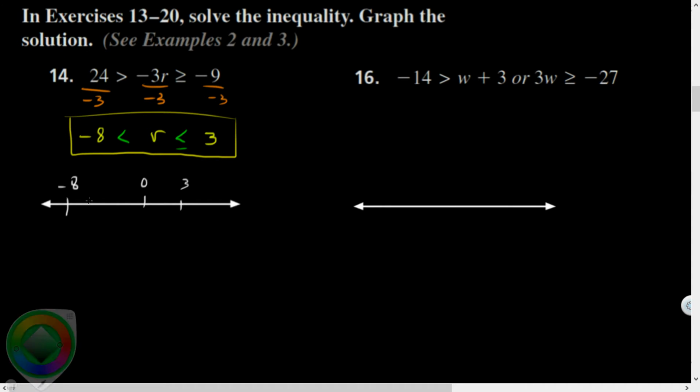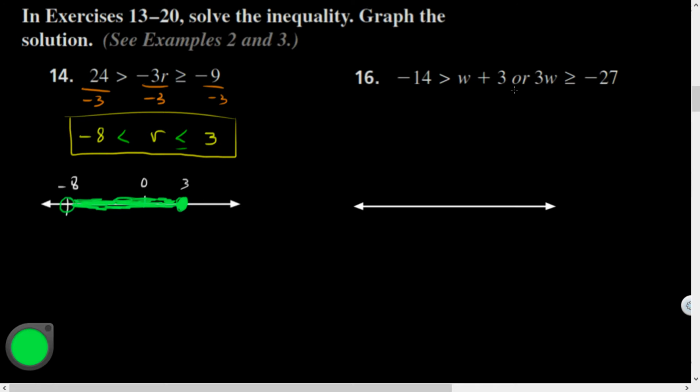And to graph this, this will be an open circle at the -8, a closed circle at the 3. That's interesting. Yeah, you can have little hybrid solutions like that. And it'll be shaded with the variable in between. Because and is together. Wow, that was a beautiful song. All right, wow. There you go.